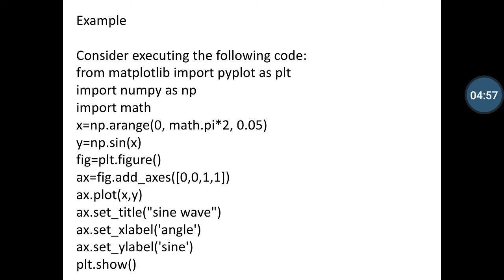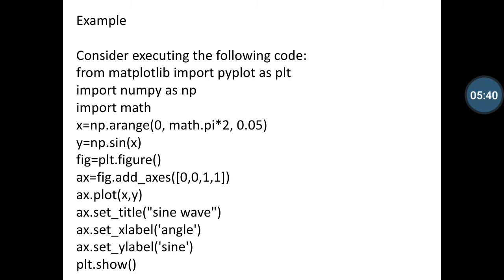Then x variable is equal to np.arange, and the arange method is used with the arguments 0, math.pi and 0.05, and y is equal to np.sin of theta value x. Then fig is equal to plt.figure, and ax is equal to fig.add_axes, defining four values 0, 0, 1, 1, and then plot the graph. So I write ax.plot(x, y).